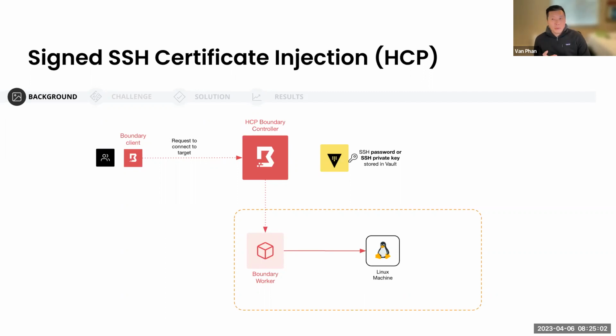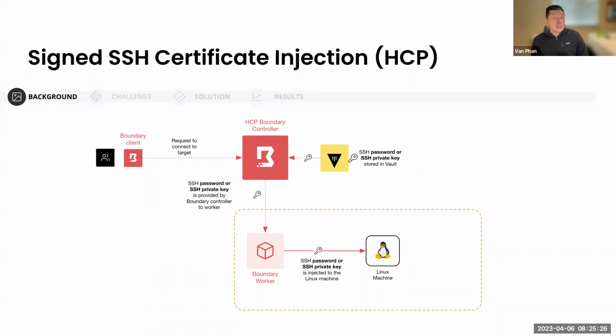So in this example, I show Vault as the credential storage for your secrets. So Boundary, on behalf of the user, will go out and grab those credentials, or in this case, SSH password and SSH keys, and it will send it down to the Boundary worker, and then it will send it into the Linux host and inject it into the session on behalf of the user.